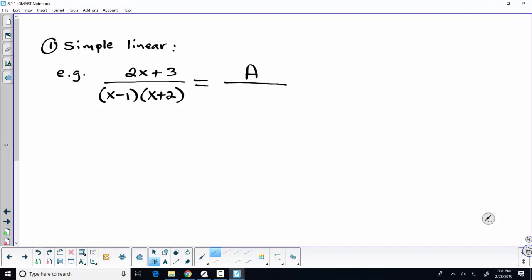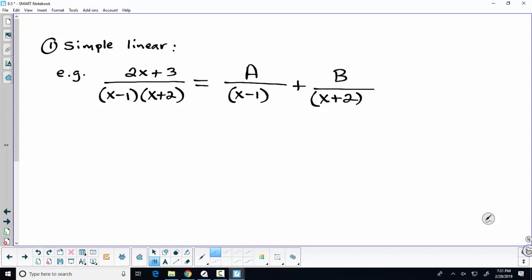A over (x minus 1) plus B over (x plus 2). A would be 2x and B would be 3, right? Kind of, yeah, but not really, because we've got to now take this equation and solve for A and B to figure out how that rational function decomposes into those two fractions.